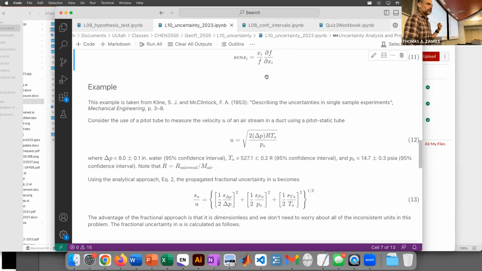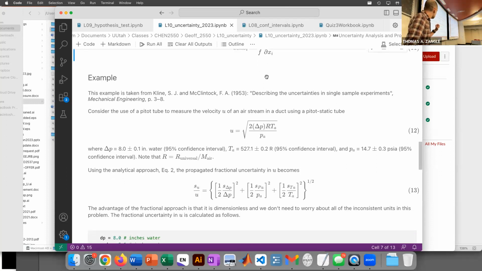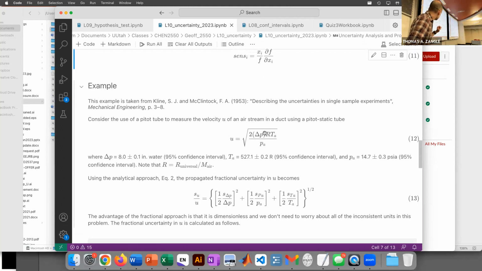You'll see this on your homework, to maybe make this concrete with a practice example. If we look at equation 12, and evaluate S I over mu I, for delta P it's going to be whatever the uncertainty in delta P is, that 0.1 inches, divided by the mean value of delta P, which is 8, right?